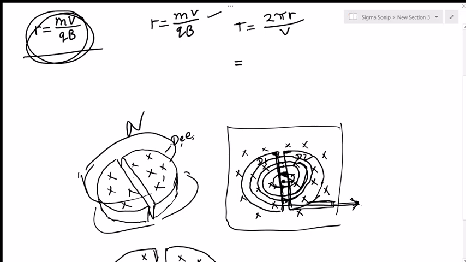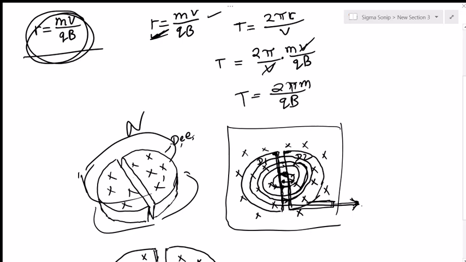R is given here, so this R will be replaced, so T equals 2 pi over V times R, and V cancels out, and what we have is 2 pi m over qB.